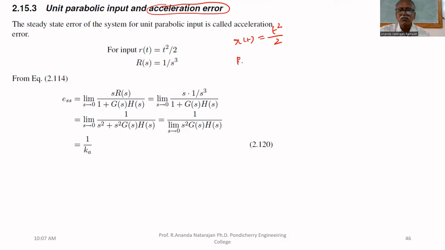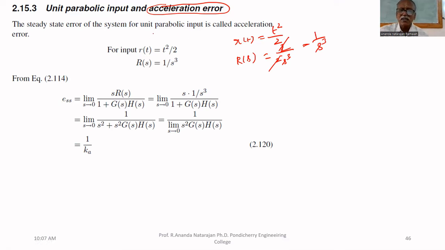Therefore, R of s equal to 1 by s cube, the 2 getting cancelled. To have a convenient form in Laplace domain, in time domain we are taking R of t equal to t square upon 2. R of s is 1 by s cube.